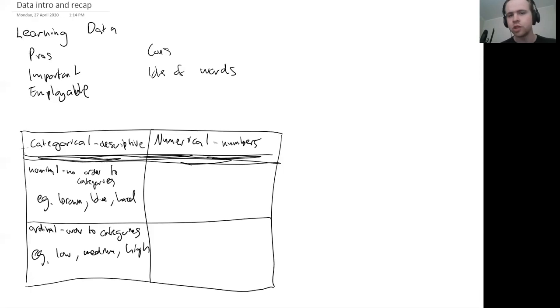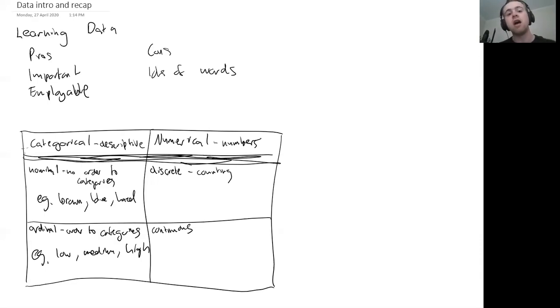Numerical data, which uses numbers, has two types as well. The first one will be discrete data, and then we have continuous data. In discrete data, we are counting. That's the main difference.